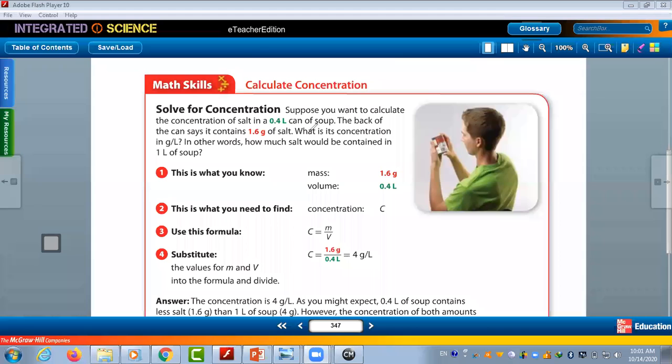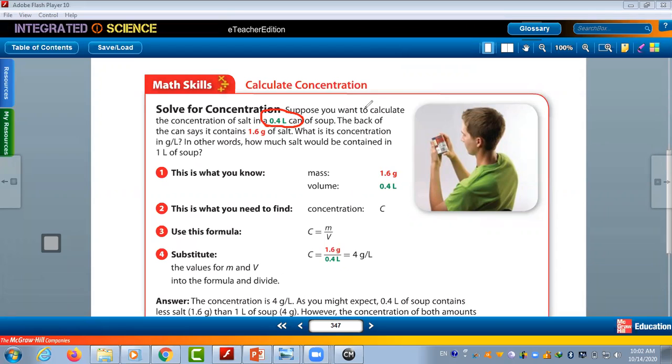Here, we said before, to answer any word problem, what we care about is the number and the measuring unit, then what he's asking. Suppose you want to calculate the concentration of salt in 0.4 liter. When you see this, is it mass, volume or concentration?